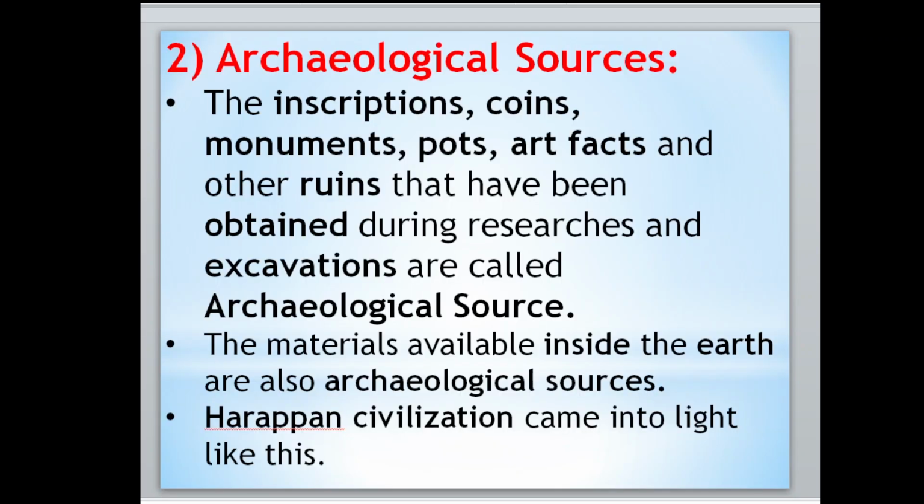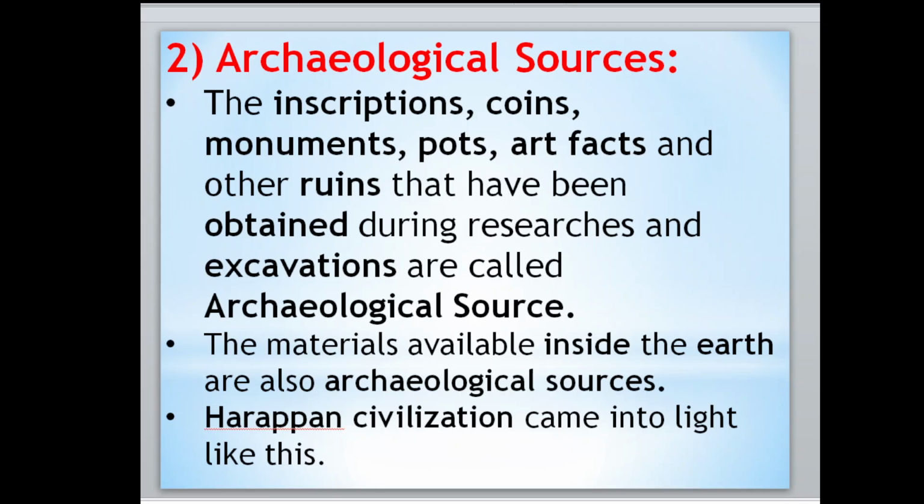So here, there are two main types of sources. First is literary sources and second is archaeological sources. The first main type we have completed. Now we have moved to the second type, archaeological sources.